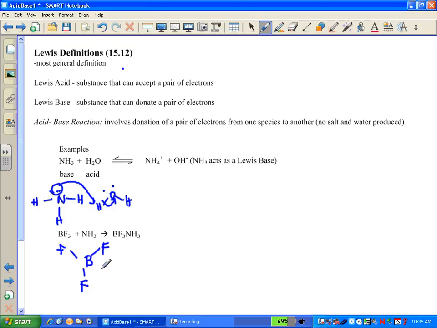And what we end up having left over is an unhybridized p orbital. So essentially boron has an empty p orbital. That empty p orbital is available for accepting a pair of electrons. So when it reacts with the ammonia, the pair of electrons from the lone pair in ammonia are actually donated.